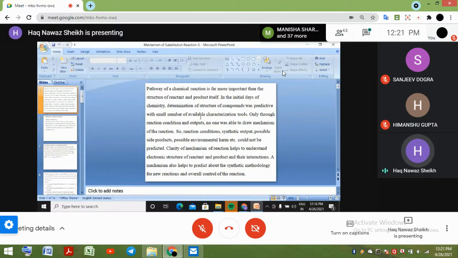The tools were limited, so you could not characterize a compound fully by sophisticated techniques, as those were not initially available. So only through the reaction conditions and output, no one was able to draw the mechanism of a reaction.